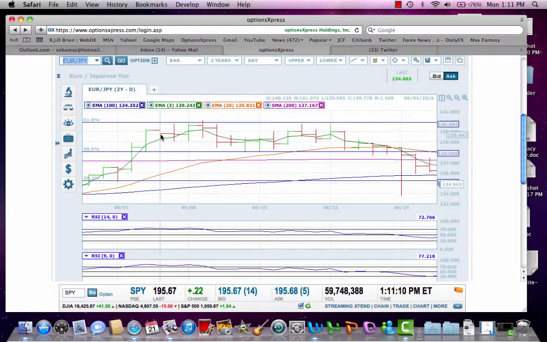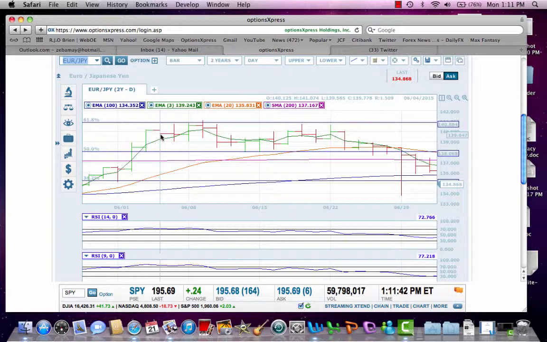So the important thing is that we satisfy all of our requirements. We're in an overbought scenario, so we have a bias to sell euro yen. We take a 25 pip stop loss, meaning we have a 25 pip tolerance from the level at which we want to stop, the 61.8 Fibonacci retracement at 140.88.